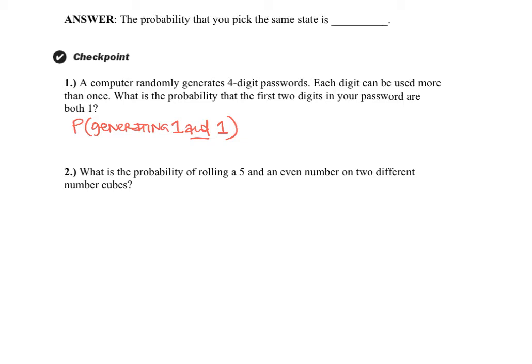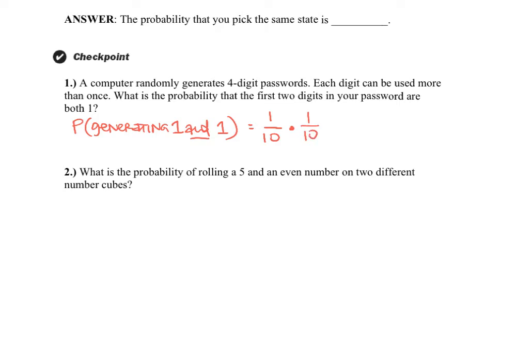All right, well, I need to know how many possible digits are there. Well, the digits could go from 0 to 9. So there are 10 possible digits that I could choose. And obviously a 1 would be 1 out of those 10. So the first digit, being a 1, would be a 1 out of 10 chance. Then I'm multiplying the probabilities here.